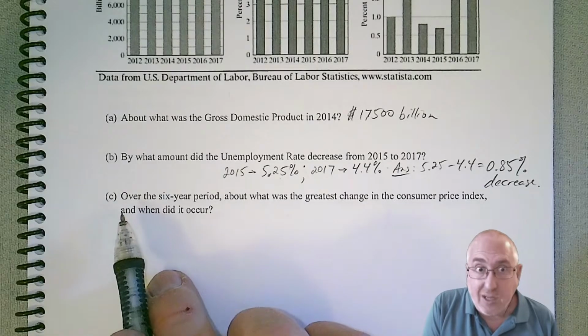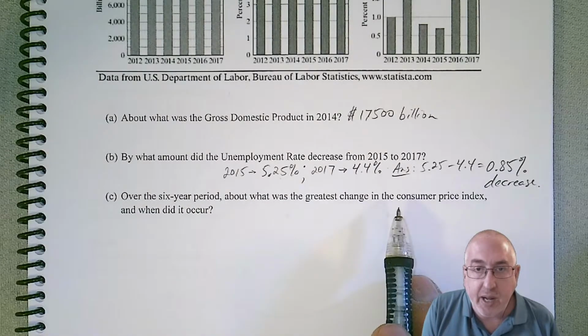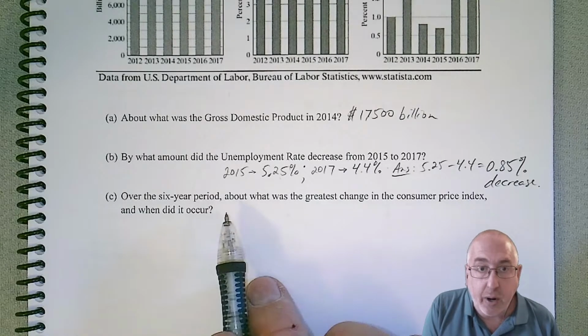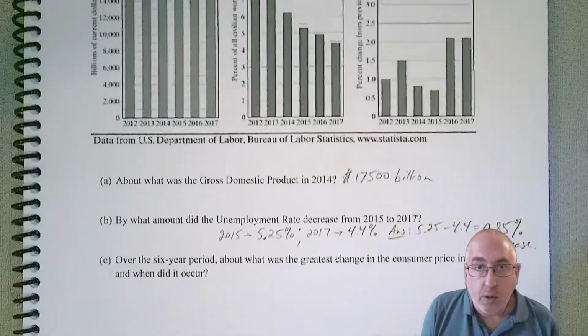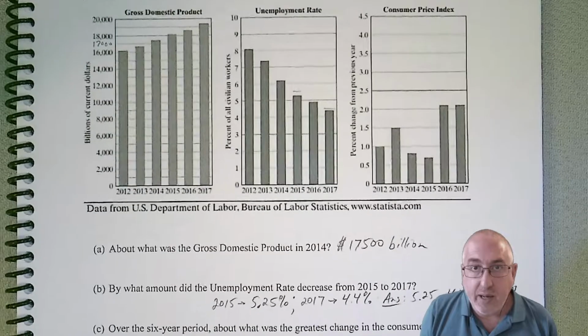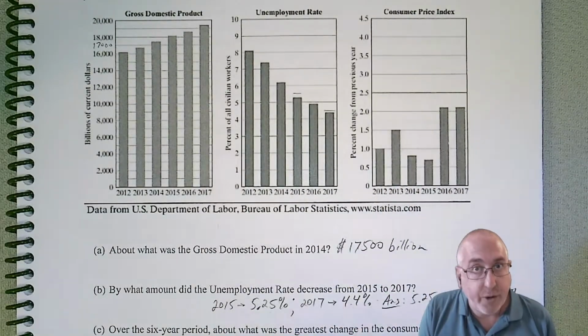And now the last one. Over the 6-year period, about what was the greatest change in the consumer price index and when did it occur? All right, so consumer price index, the greatest change, and when did it occur? Well, okay, so we're going to look at it from year to year.